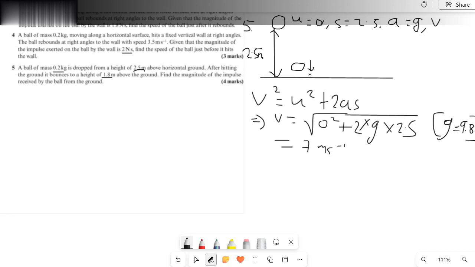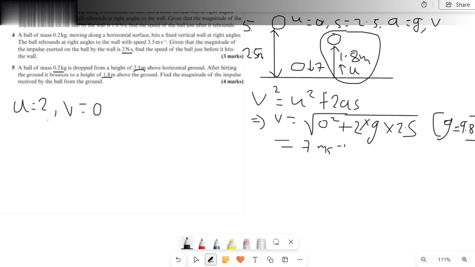Now, after having contact with the surface, the ball will rebound to a height of 1.8 meters. And now we have to find out the initial velocity u just as soon as the ball started to rebound. So this will be 7, and from this point we can consider this to be another motion with initial velocity being unknown.